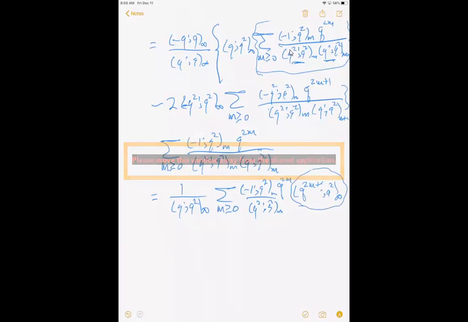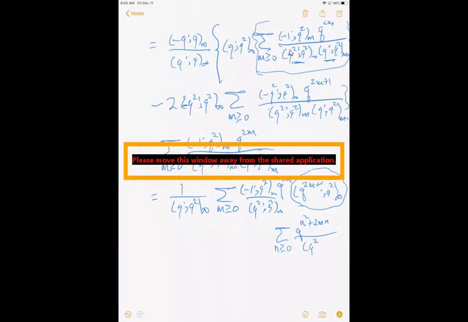You will now expand this as the summation n greater than or equal to 0 of Q to the n squared plus 2mn divided by Q squared sub m.